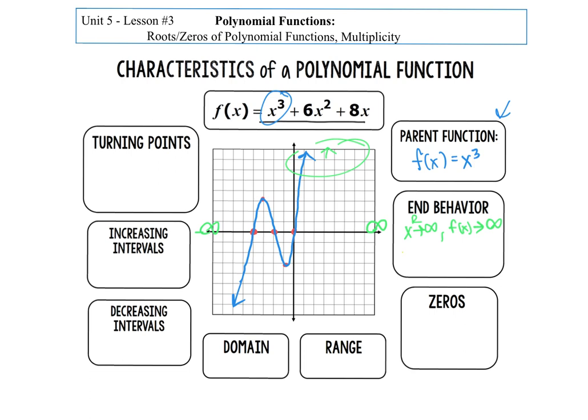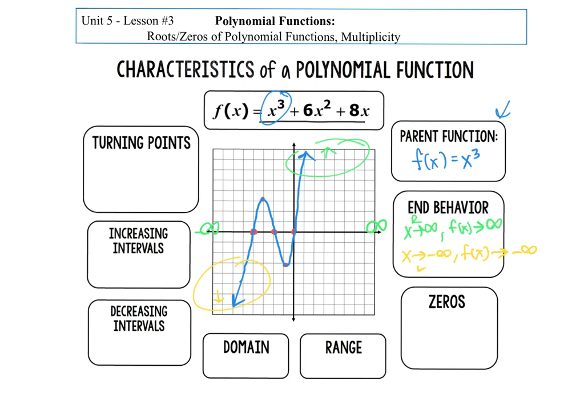And as x approaches negative infinity, which means when we are on the left side, where are we ending? It's end behavior. We're ending down. So f of x approaches negative infinity.